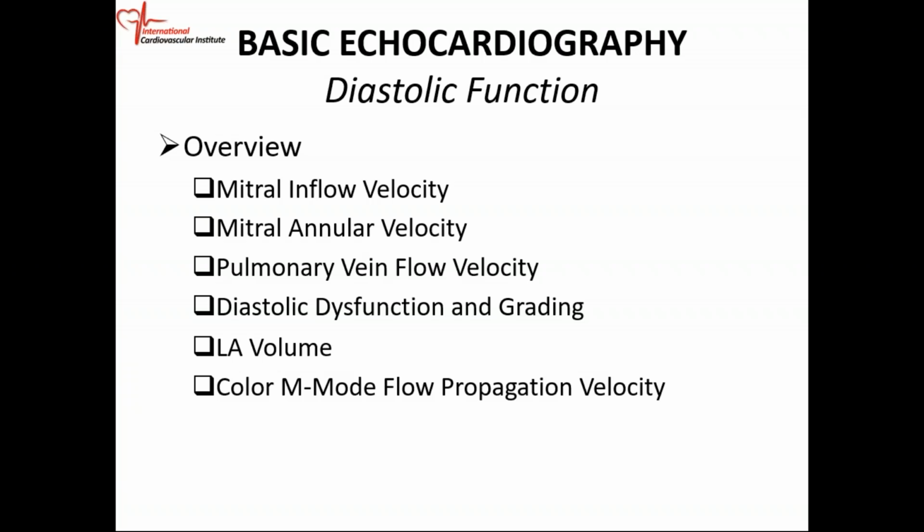If you remember your pulmonary veins, you have four pulmonary veins that enter the left atrium, two on the right, two on the left, two upper and two lower. These pulmonary veins take oxygenated blood from the lungs and drain it into the left atrium.